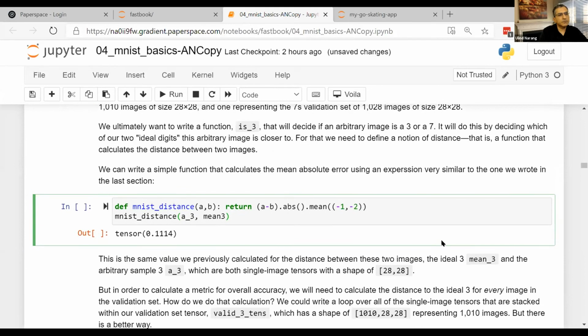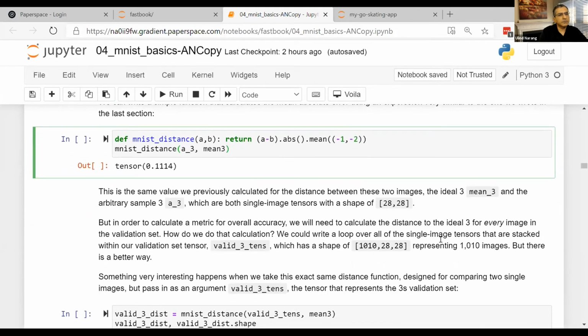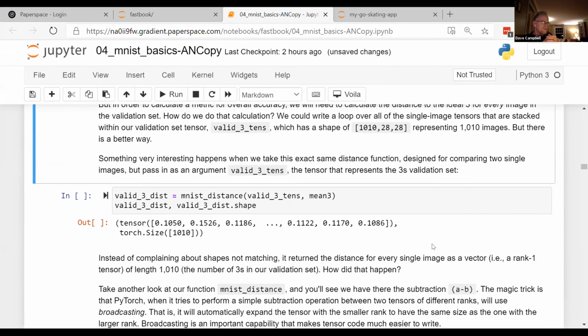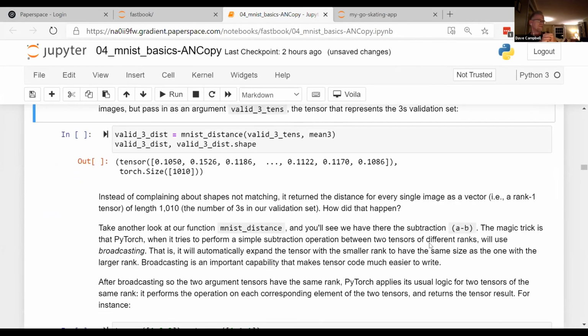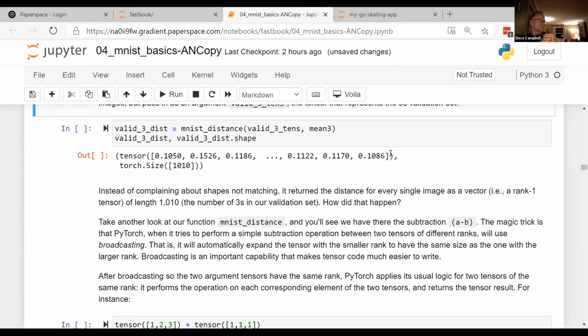Right there, I think that's right. The distance between the valid 3 tens and the mean 3, right there. Valid 3 tens is a huge matrix.